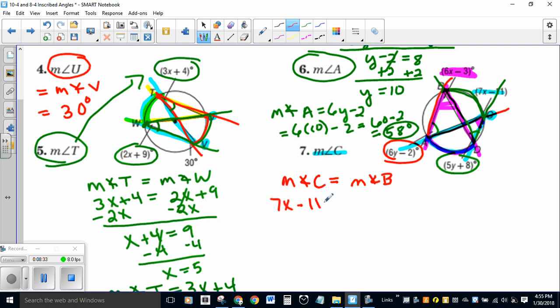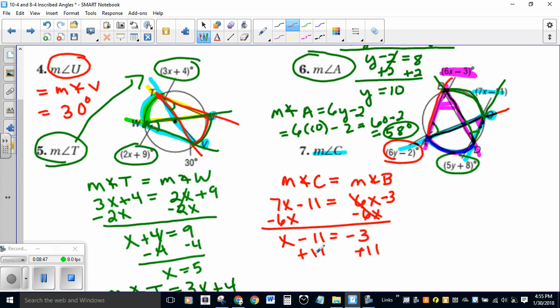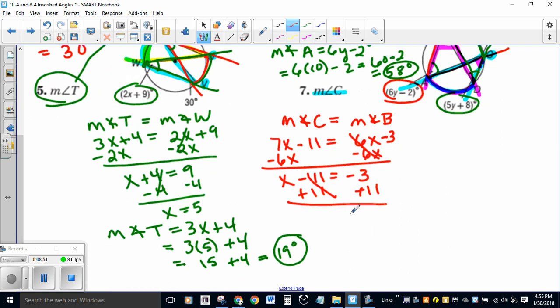So 7x minus 11 is equal to 6x minus 3. Again, I'm solving for x, so I'm going to put my x's on one side of the equation. So we get x minus 11 is equal to negative 3. Then I'm going to move my 11 over with the negative 3 so that all my plain numbers are together. So I'm going to get x equals 8.